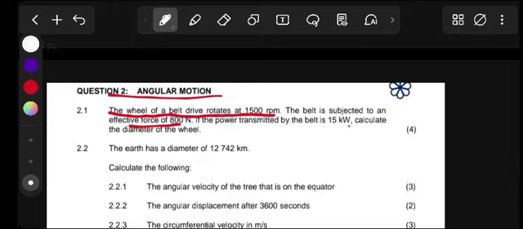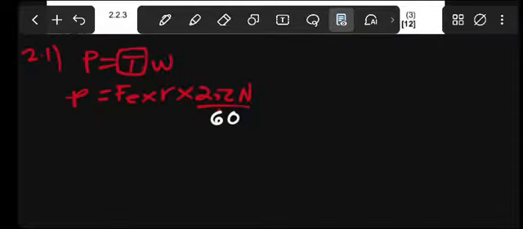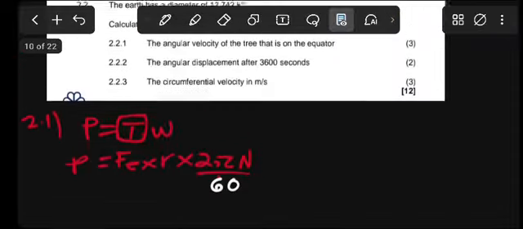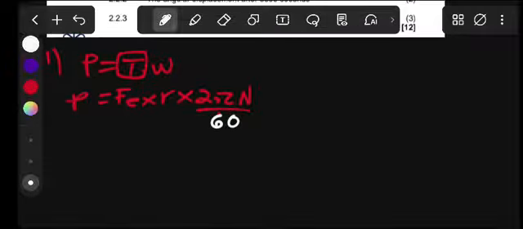So what do we want here? You've been given the power, you've been given the force. It says we want to calculate the diameter of the wheel. But we have the radius.